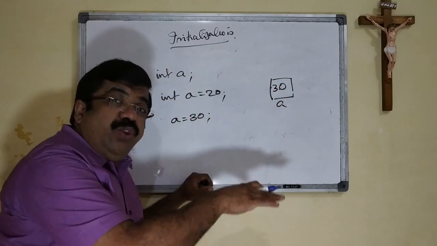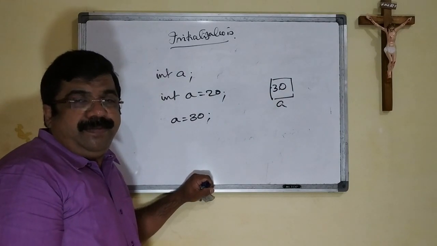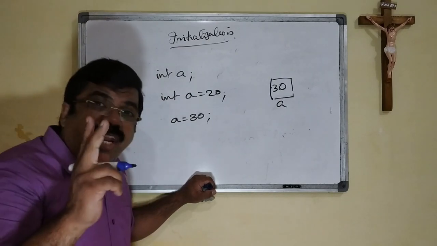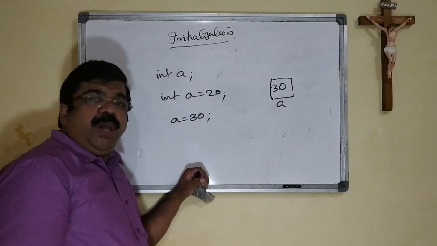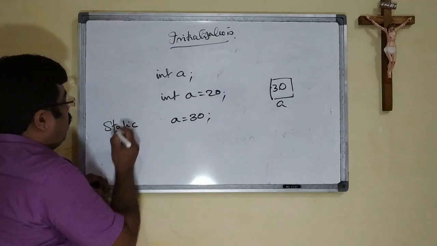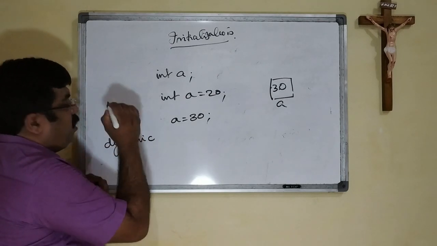So the previous value is overwritten. Okay. Next, the variable initialization can be of two types. One is static and the second one is dynamic initialization.